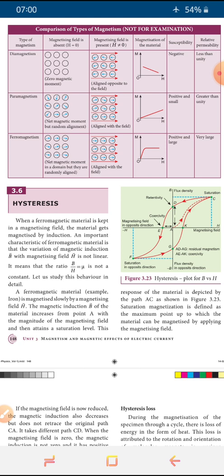It is not for examination, but it is easy to study the remaining theory of the previous three materials from it. So you mark this answer from here up to the end of this tabulation. Everything you studied is not for examination, but if you go through this tabulation, it will be easy to write the theory part of the three types of materials.